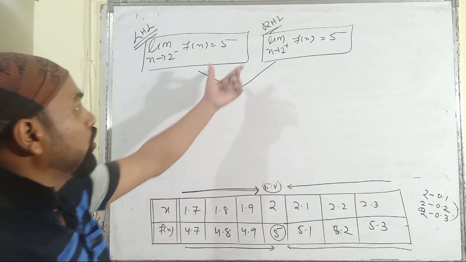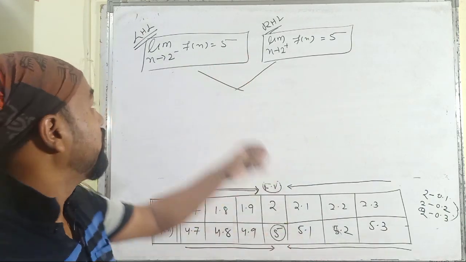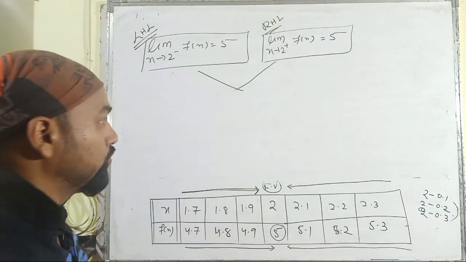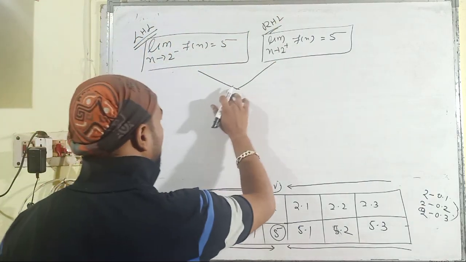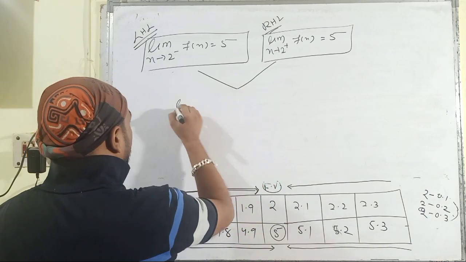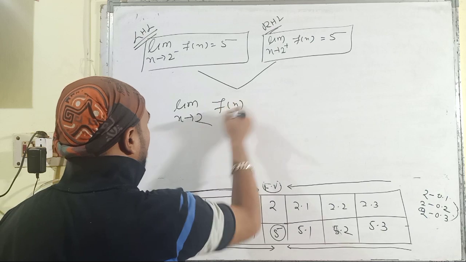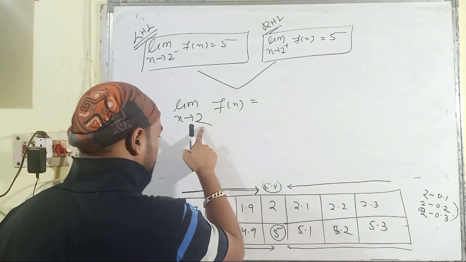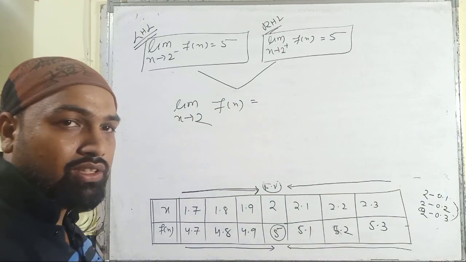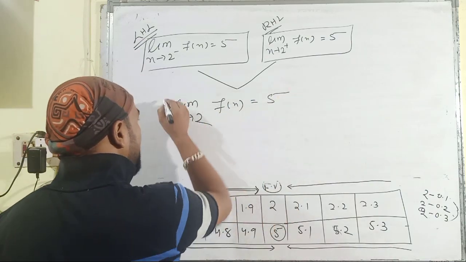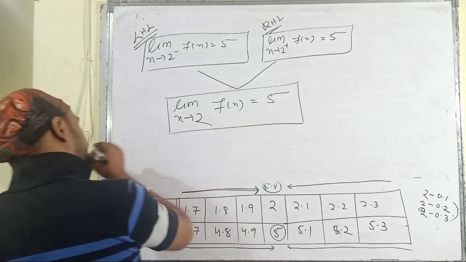Without writing both of the two cases, the left hand limiting value and the right hand limiting value, let us put down a short form and the definition. By using the definition, we have the limiting value of f of x whenever x approaches 2, either from the left hand side or from the right hand side, we are getting the same value 5. That means the limit exists here.